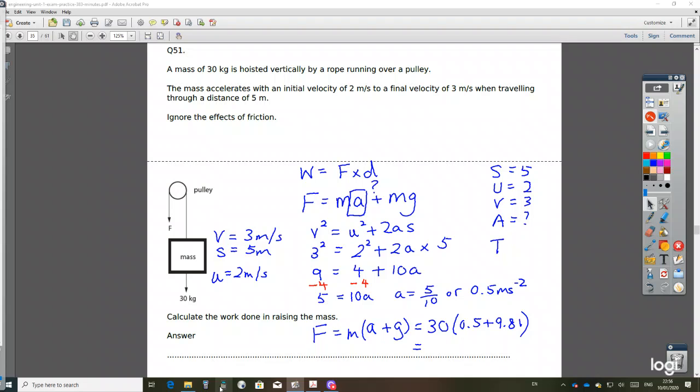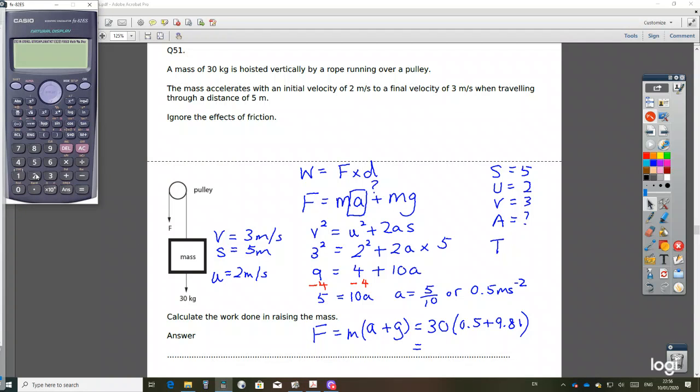So let's bring the calculator up. Let's start by adding 0.5 with 9.81, and then multiply this answer by 30.